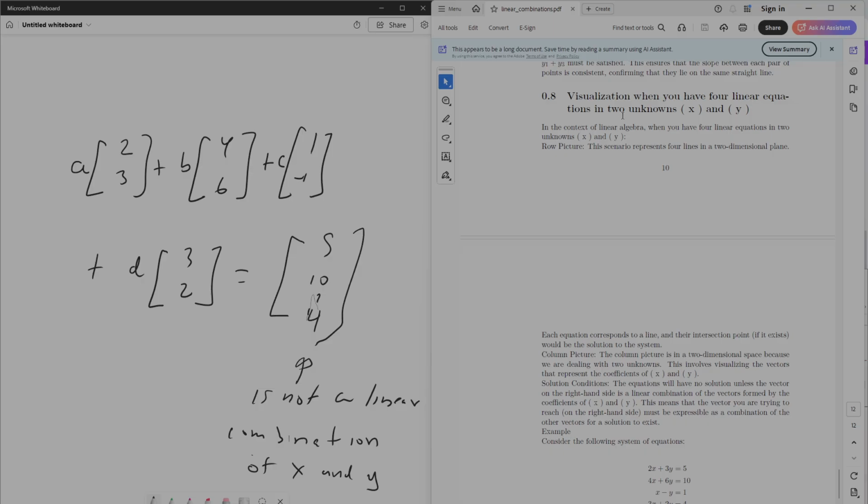This is specific to four linear equations in two unknowns, let's say x and y.